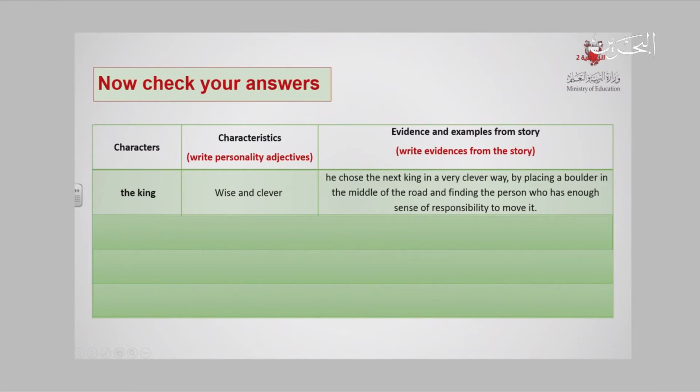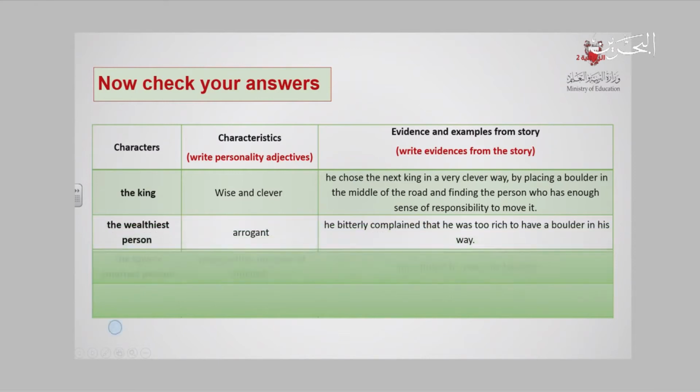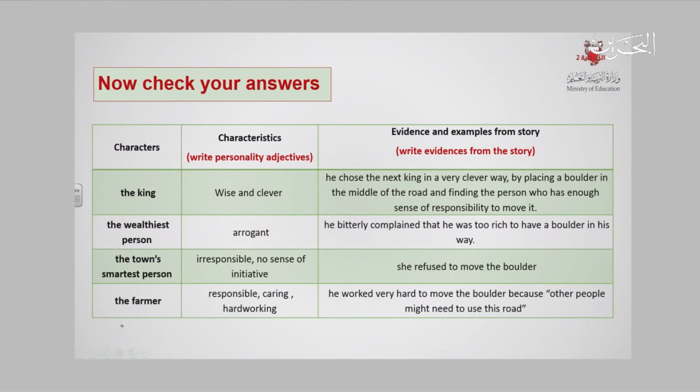Now, let's check the answers. The wealthiest person, the characteristic: arrogant. Why did we say that he is arrogant? Because he bitterly complained that he was too rich to have a boulder in his way.